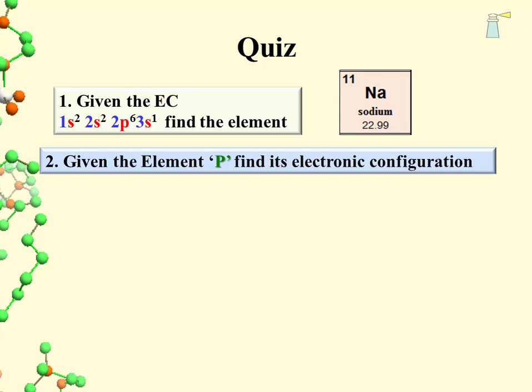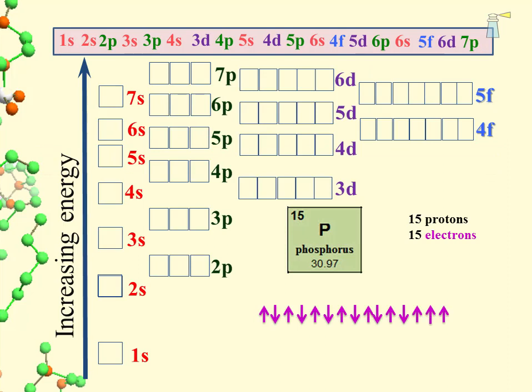We will answer this question two ways. The first is using the stratified energy level diagram. The second, and probably the most useful, is on the periodic table. Phosphorus has 15 protons and electrons. The first pair go in the 1s, the second pair in the 2s, the next 6 go into the 2p, and the next 2 go into the 3s.